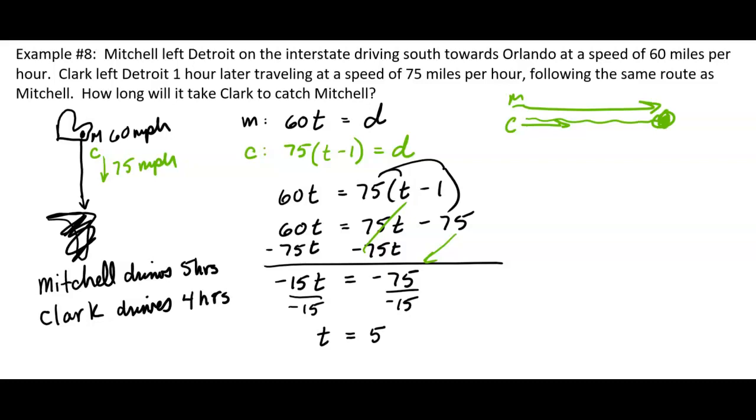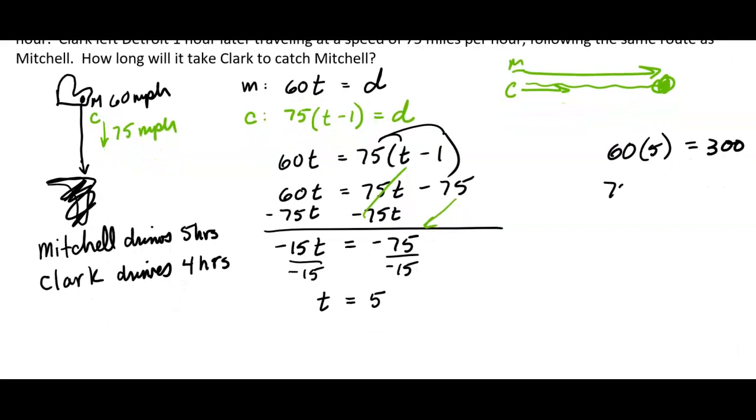So now what's the check? If Mitchell drives at 60 miles an hour for 5 hours, that's 300 miles, right? If Clark drives 75 miles an hour for 4 hours, that's also 300 miles. So that's how he caught up. So it's going to take Clark 4 hours to catch up.